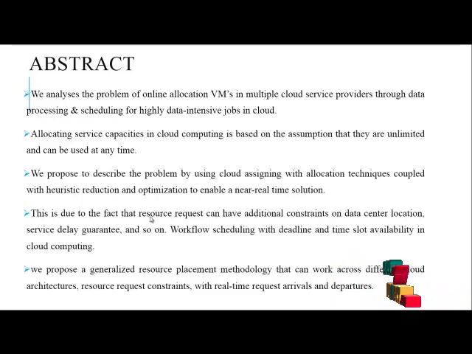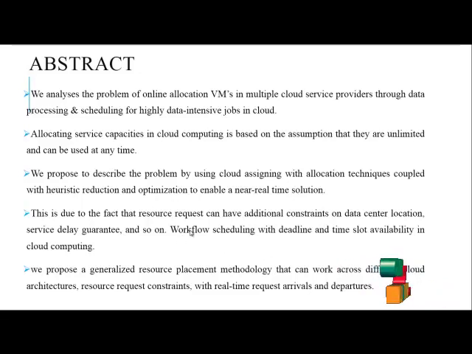This is due to the fact that resource requests can have additional constraints on data center location, service delay guarantee, and so on. Workflow scheduling with the deadline and time slot availability in cloud computing involves finding the time slots for the public and private clouds.